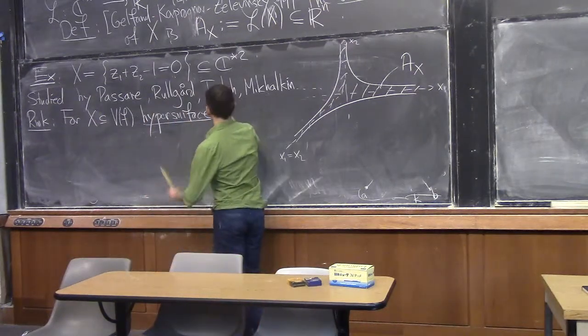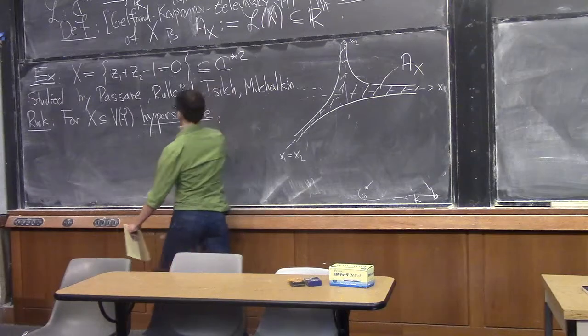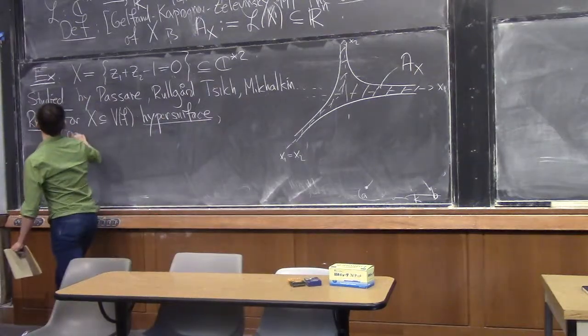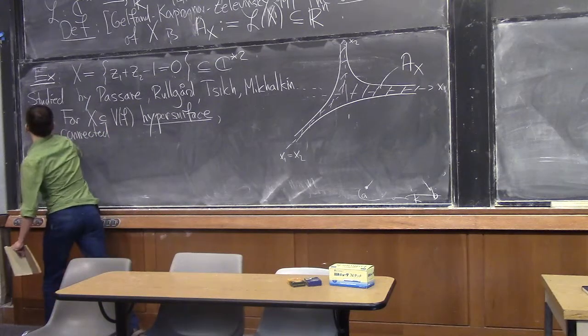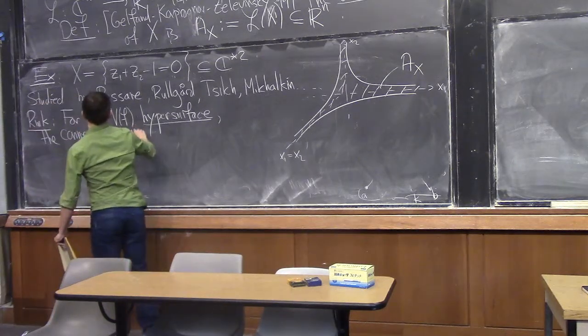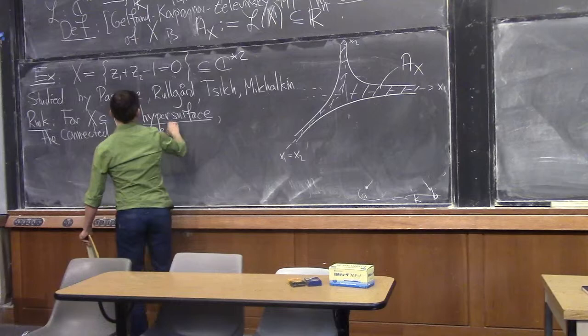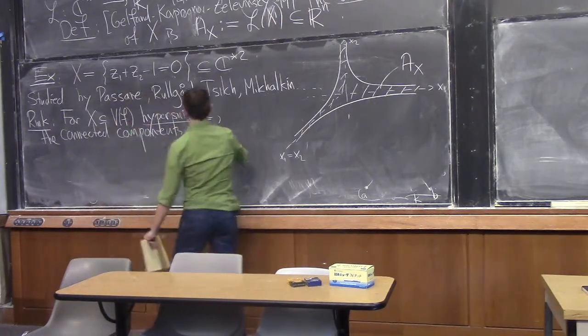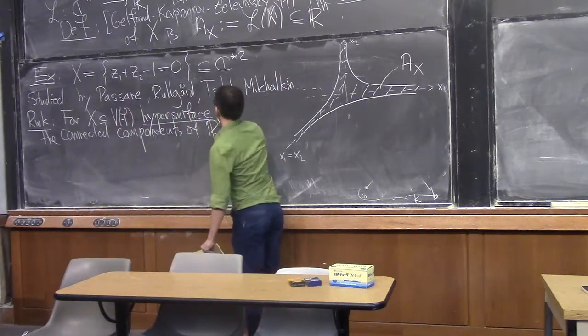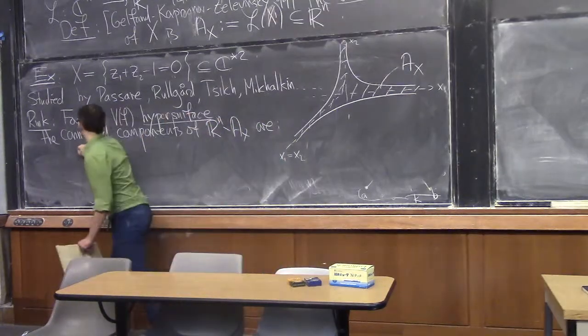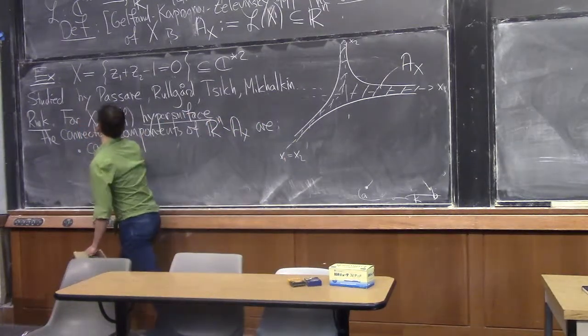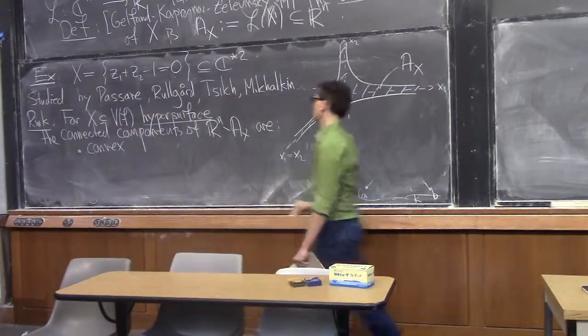you can say that the connected components of the complement, R^n minus A of X, are, first of all, convex.